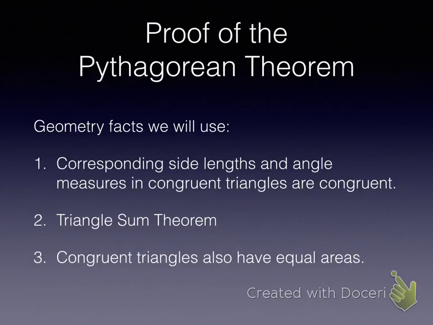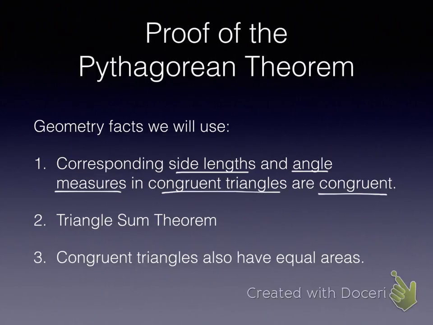All right, so we are going to work through a proof of the Pythagorean theorem, and you can take some notes in a blank area of your notes pages for this. Some of the geometry facts that we're going to use are things that we talked about in this module. The first one is that corresponding side lengths and angle measures in congruent triangles are congruent.